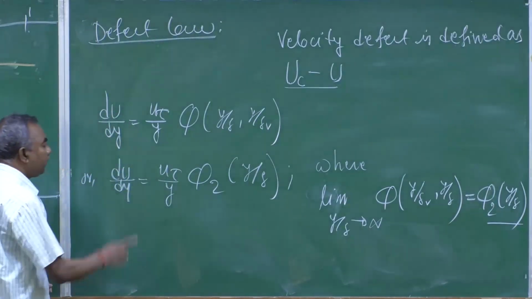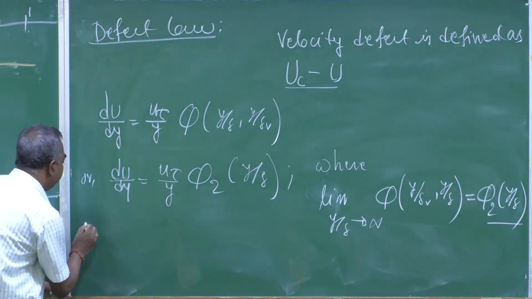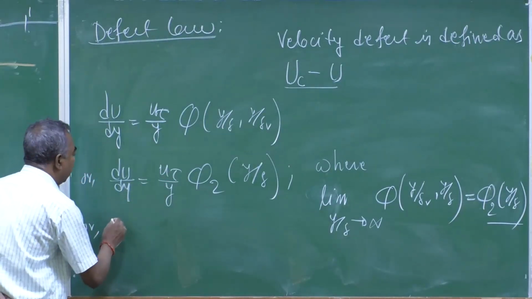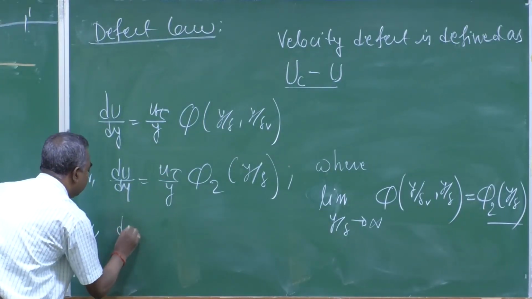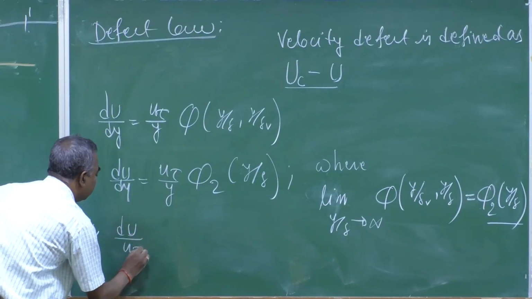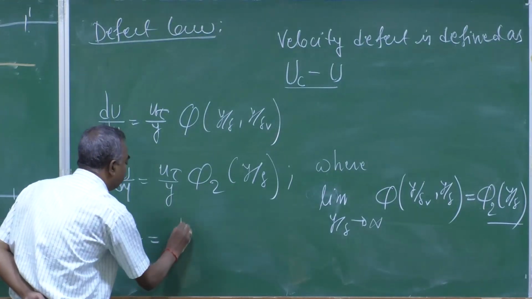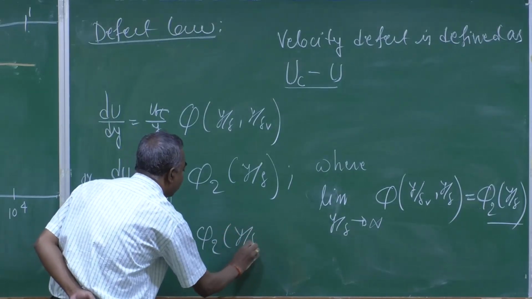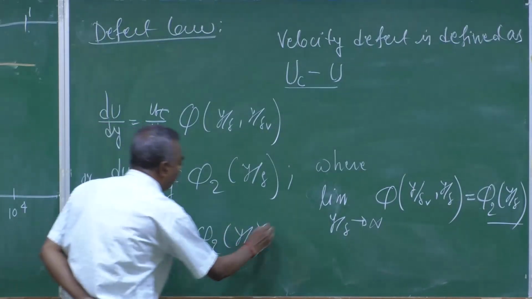Now, if we integrate this equation, we can write du by u tau equals 1 by delta phi 2 of y by delta dy.